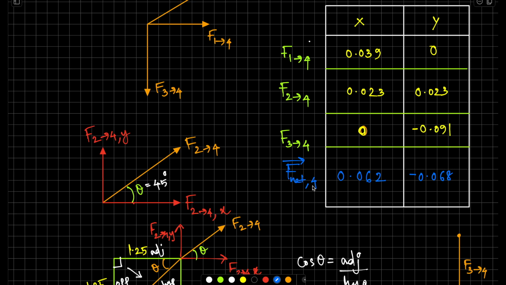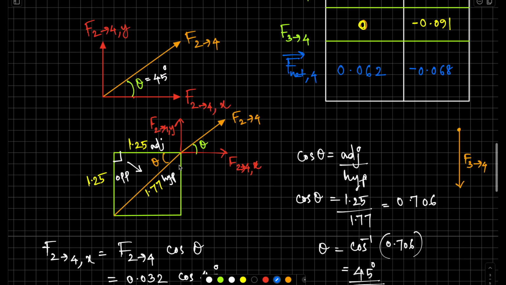So that's the net force vector on Q4. Let's write this in component form.